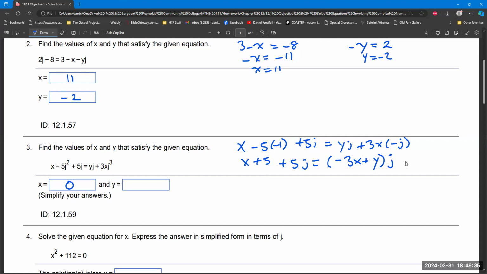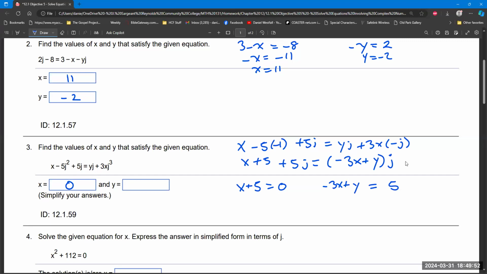Then I'm going to have x plus 5 for my real part on the left-hand side is equal to 0 as my real part on the right-hand side. And 5 on my left-hand side is a negative 3x plus y on my right-hand side.